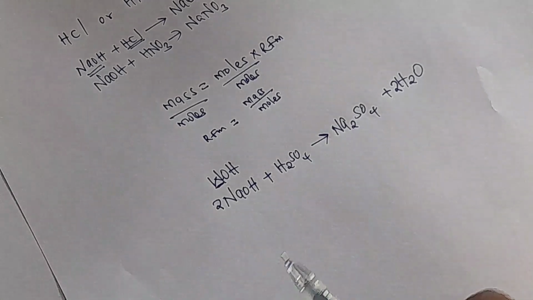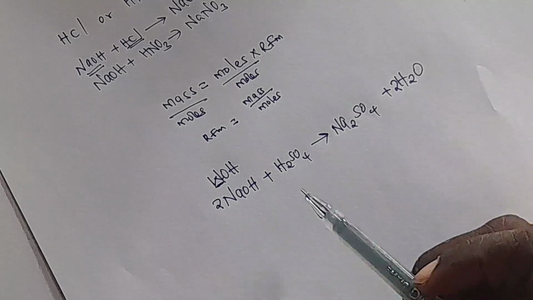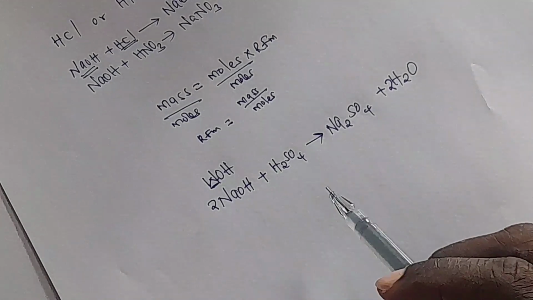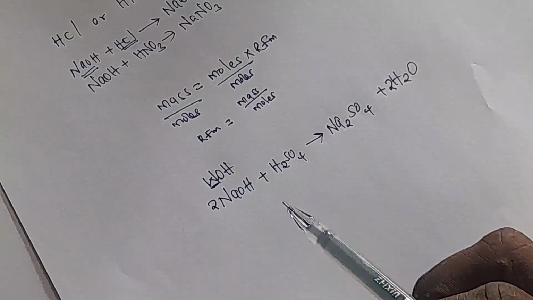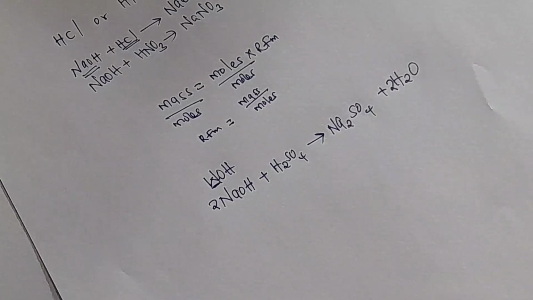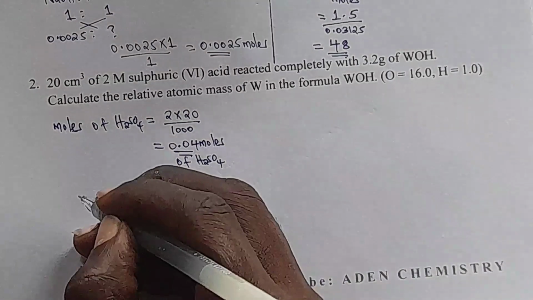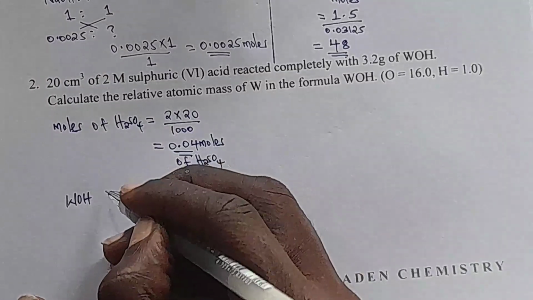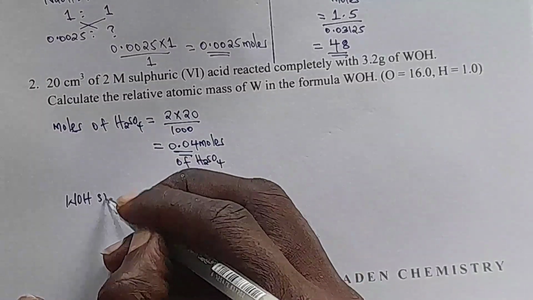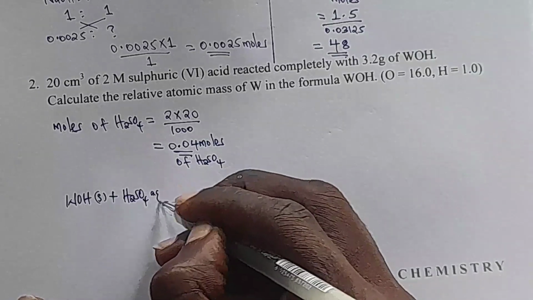To see the mole ratio between sodium hydroxide and sulfuric acid, it is 2:1. So likewise, the mole ratio between W hydroxide and sulfuric acid will be 2:1. We can see this by writing the reaction between W hydroxide and sulfuric acid. We have W hydroxide, which is solid, reacting with dilute sulfuric acid, which is solution.